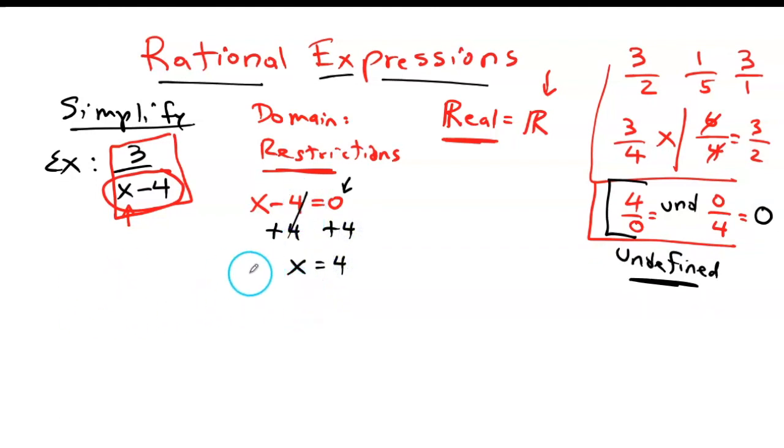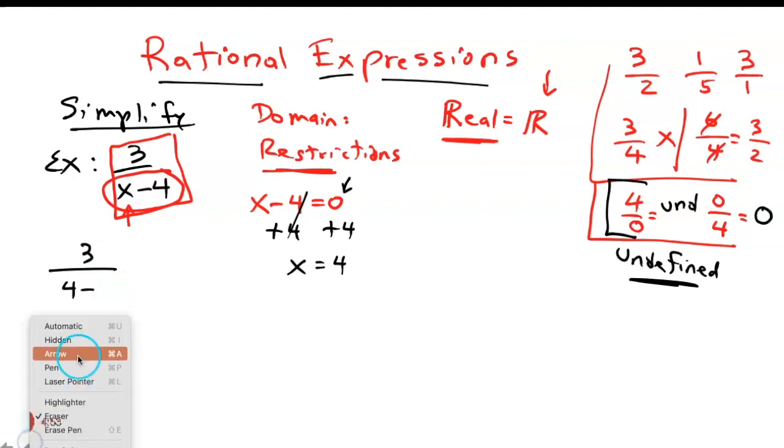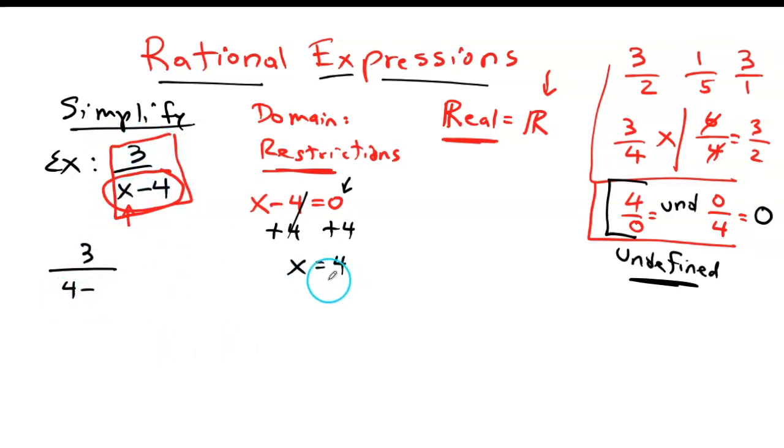So if I plug 4 in here instead of the x, look what I'm getting. Here I'm replacing the x by 4, which is the value that I got. 4 minus 4 is 0.